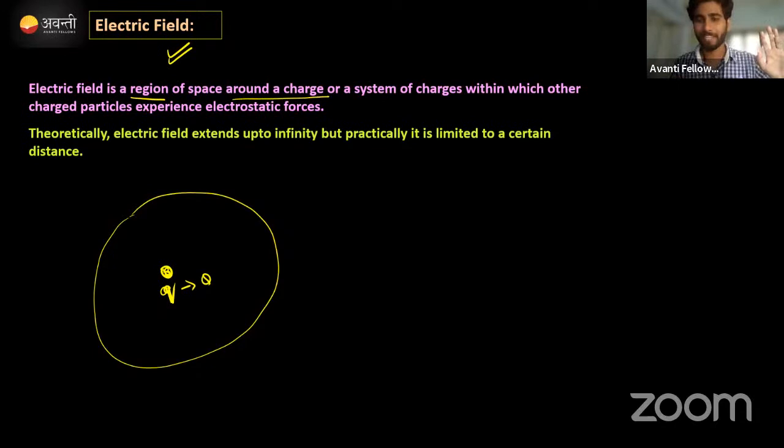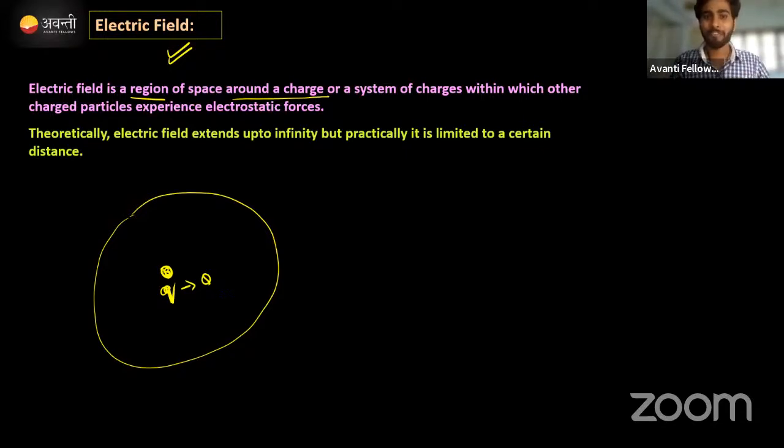Is anybody able to see the physics around me? No, right? They can't see the physics. Like that only, around the charge a field is there, but we can't see the field. That is an energy field.